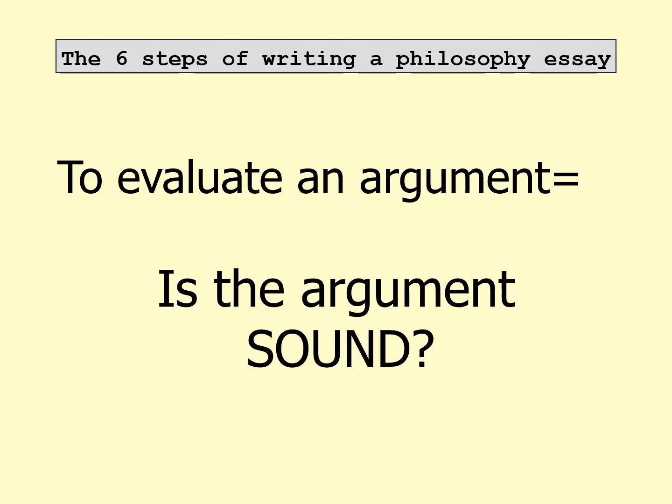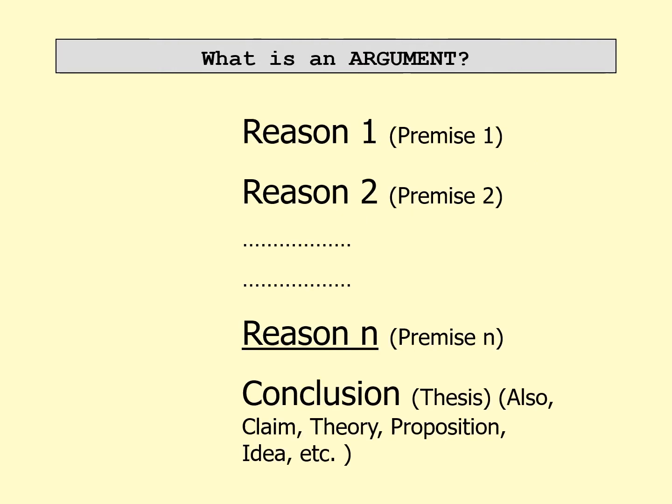To evaluate an argument is to assess whether the argument is sound or not. A philosophical argument, as we said in lesson 1 of part 3, is a series of statements, one of which is the conclusion and the others are the premises of the argument.